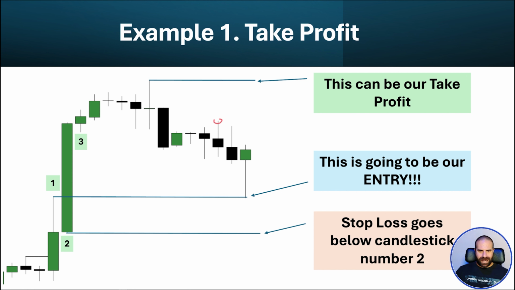Why is this one a high? Because this is higher than the high to its right and higher than the high to its left. So if I place numbers 1, 2, 3, number 2 high is higher than number 1 high and than number 3 high. So this might as well be your take profit.